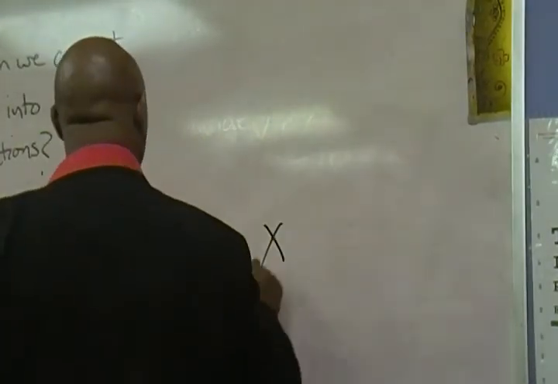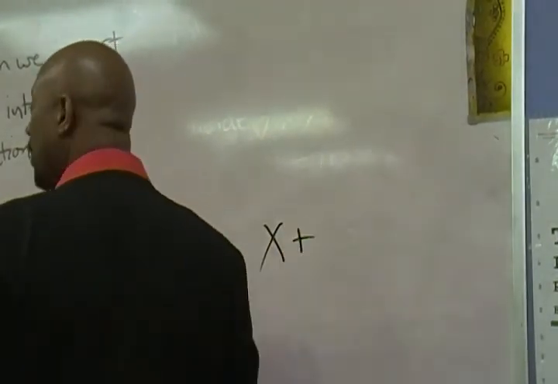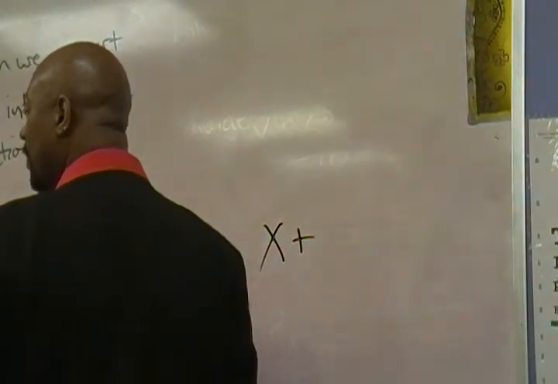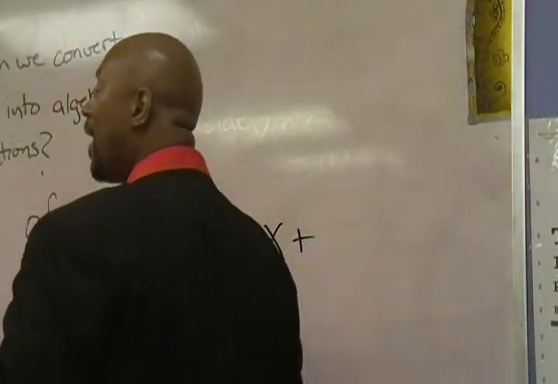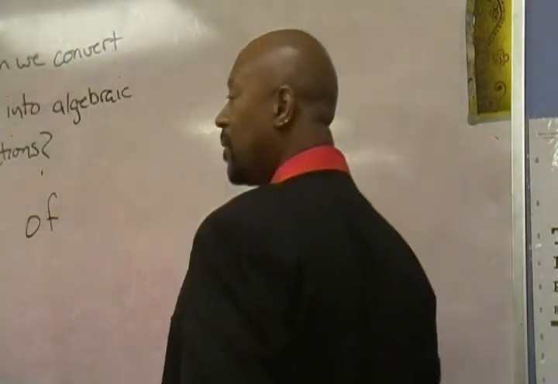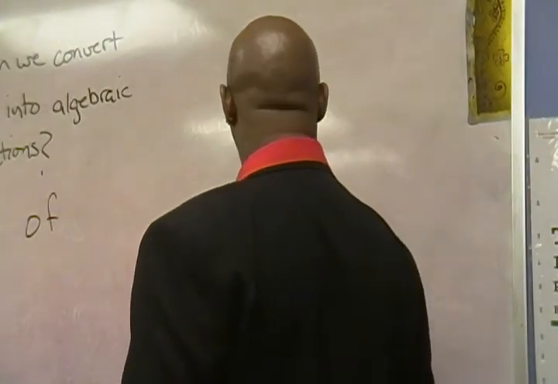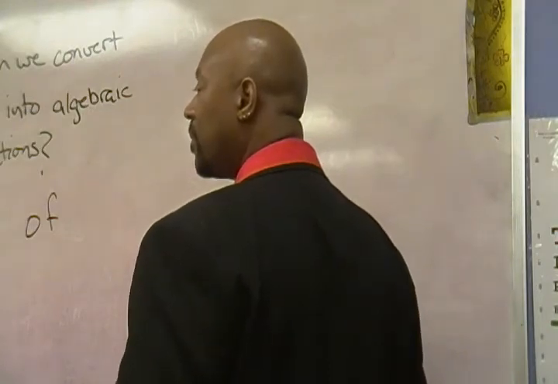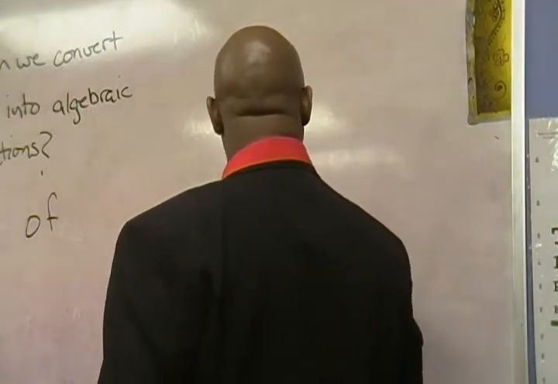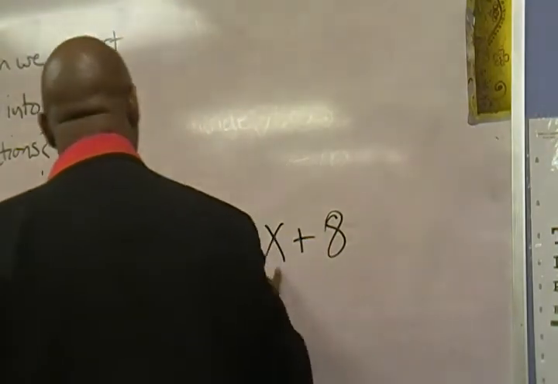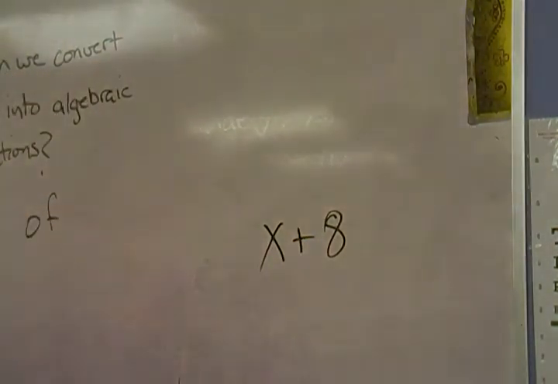You add x plus 8. x increased by 8, so x plus 8. That's it. It's a number. Increase means that you're adding to it, and we're breaking it down. We're keeping it moving. All right.